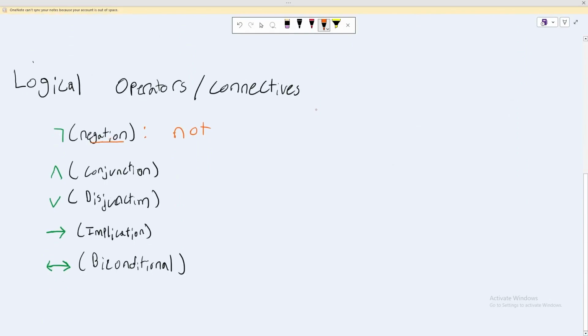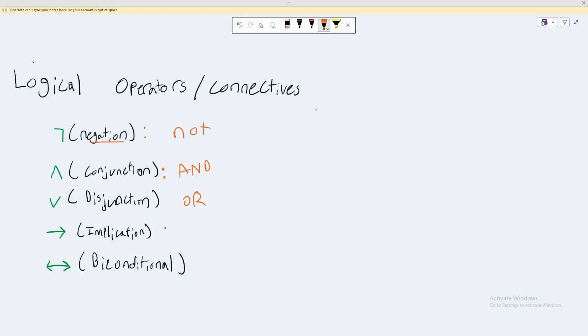Conjunction, or this upwards caret sign, is basically an and. So it would be like a statement and another statement, and if they're both true, it will conclude true. The disjunction would be an or, so it would be like this or that.